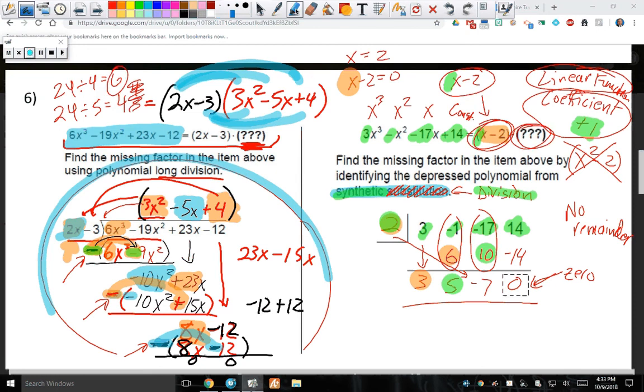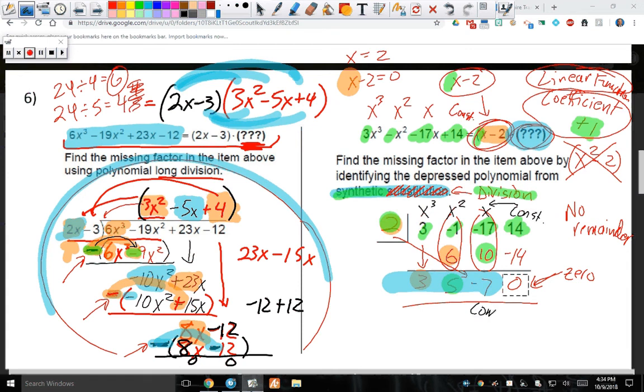Now, let me highlight it in blue. This answer that we were looking for is in fact right here. Now let's recall that the way I set up this was x cubed, x squared, x and the constant. Well, after you've done the division, everything shifts over to the left one.